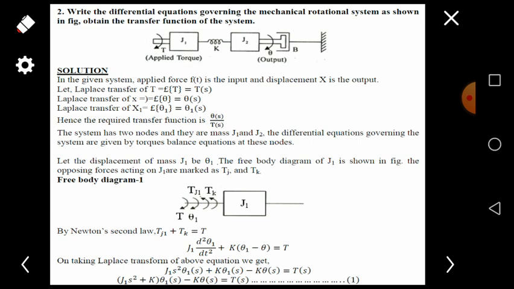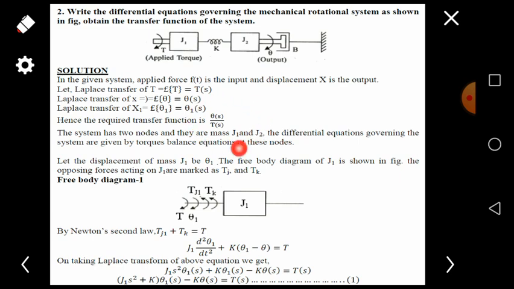Here the output value is theta and the input or applied value is T, that is applied torque. So the required transfer function is theta of s divided by T of s.